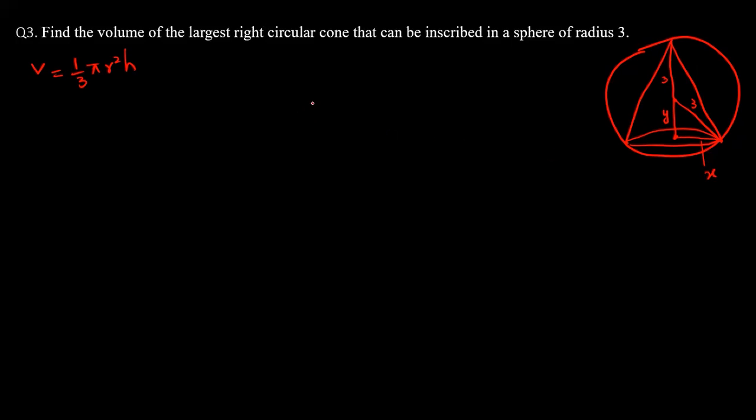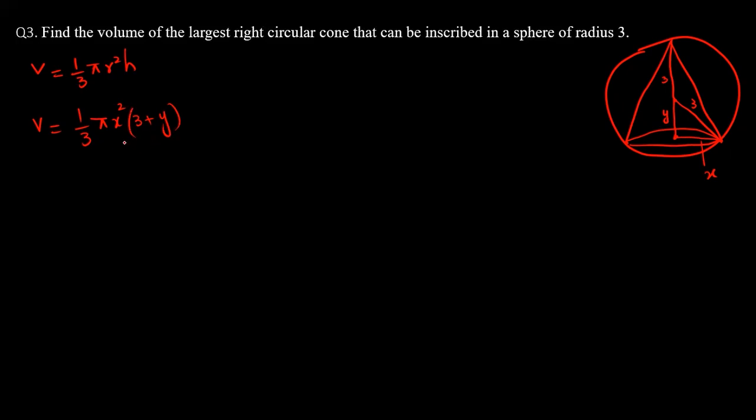Now we can write this whole problem as 1 by 3 pi, x square, and the complete height is 3 plus y. Okay, but this is a function of two variables.